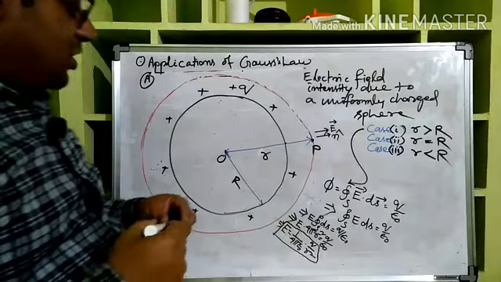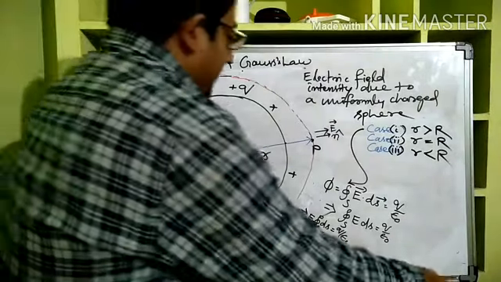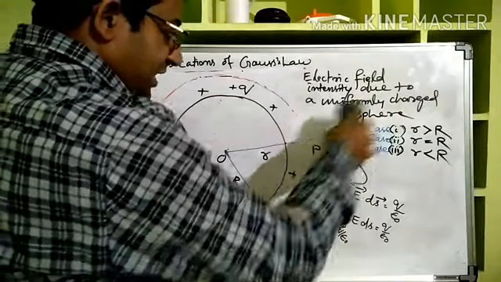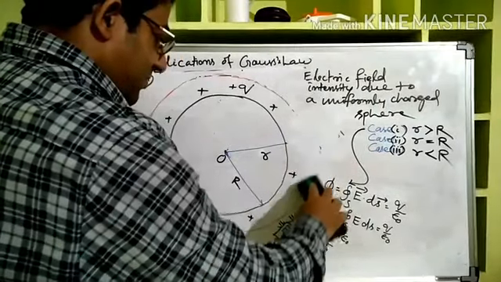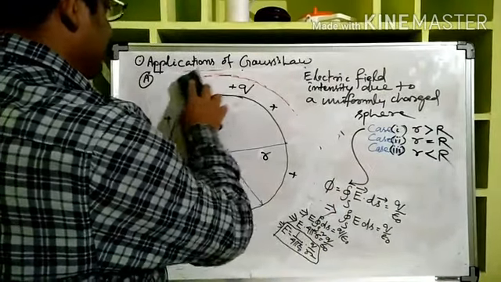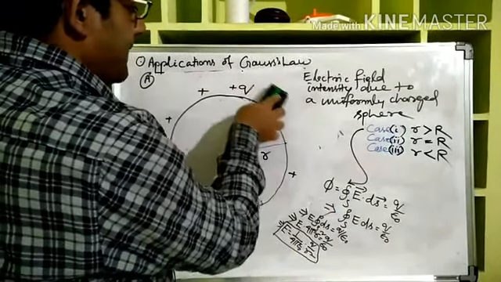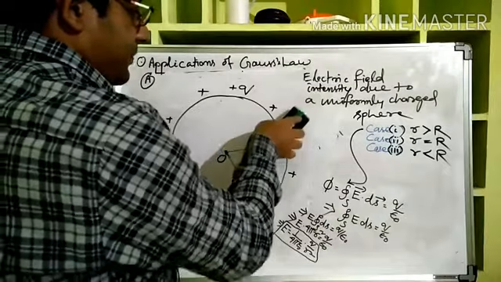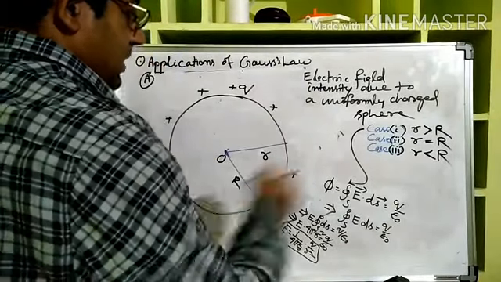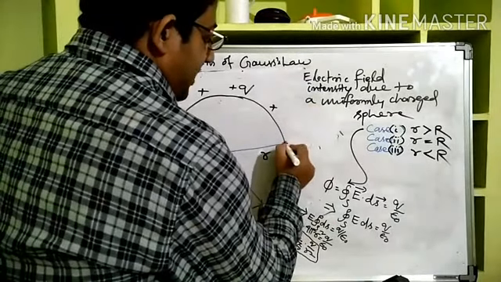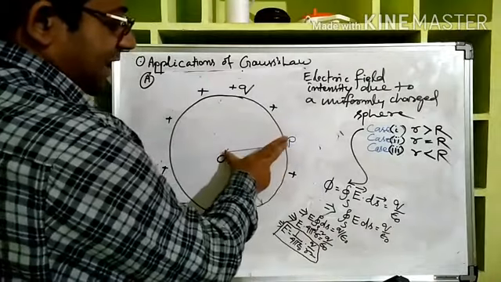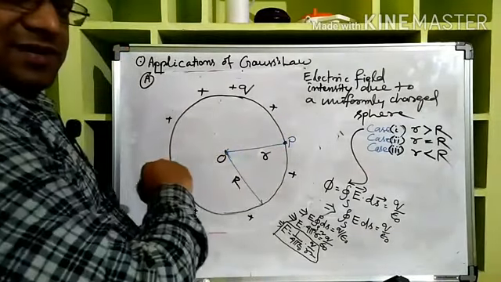Fine. Now, to define that, let me erase the outer Gaussian surface, which was for case 1. Now I am taking up case 2. If the point P is here, then don't you think that small r is the same as capital R?